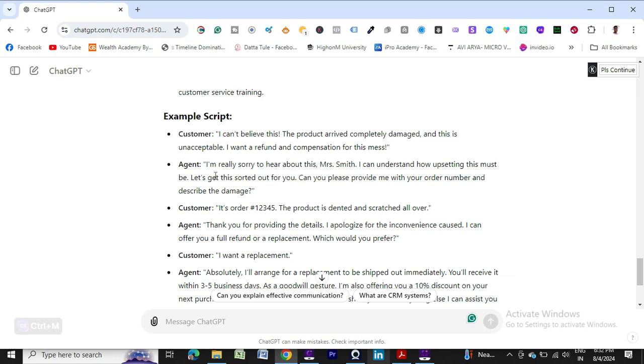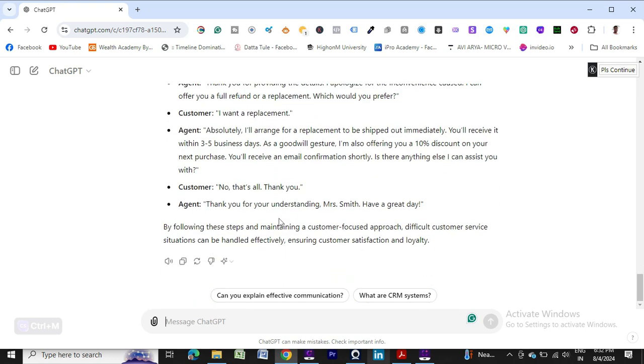I can understand how upsetting this must be. Let's get this sorted out for you. Can you please provide me with your order number and describe the damage? So through email or telephone conversation, this is the scenario.